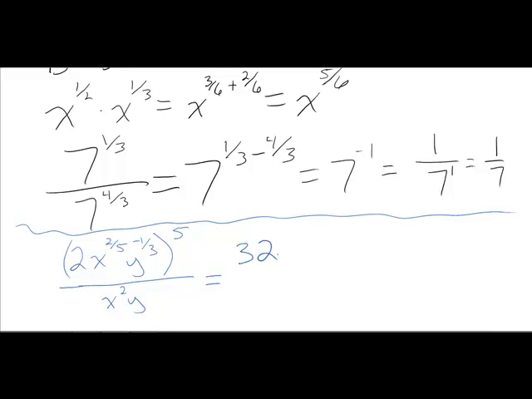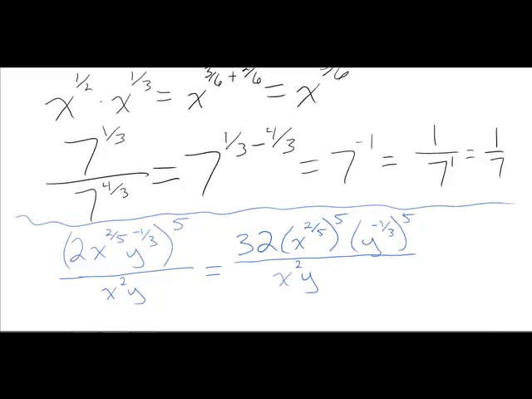Because we're actually multiplying the exponents. Let me actually write it out here so that we see what's going on. Make sure that we're all clear here. We're saying x to the 2/5 to the 5th. And then I would have y to the negative 1/3 also to the 5th. And all of this is still over x squared y.